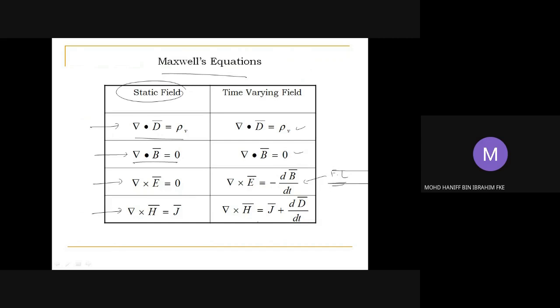And the fourth equation is based on the concept of displacement current density: the curl of H equals J plus dD over dt. So these are the exact changes that we have for the time-varying field as compared to the static field. Okay, is that clear on this explanation on the displacement current and also on the Maxwell equations for time-varying fields so far?